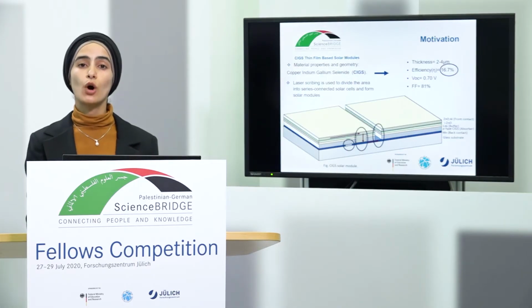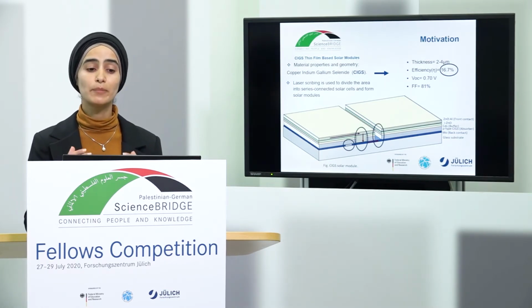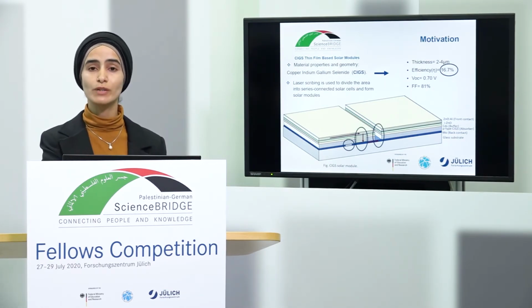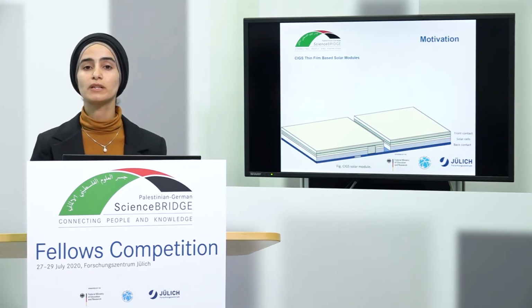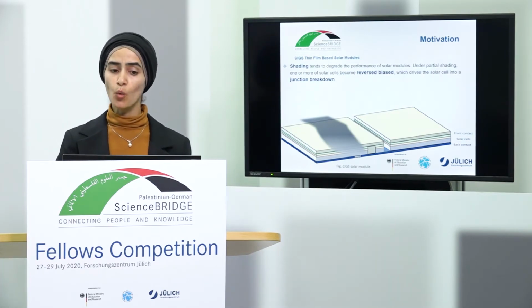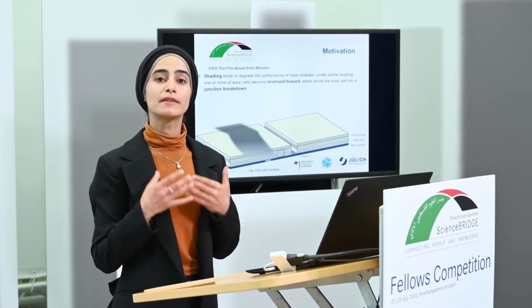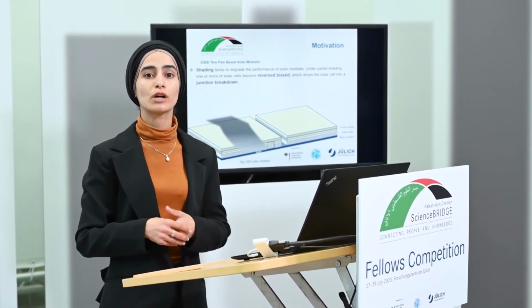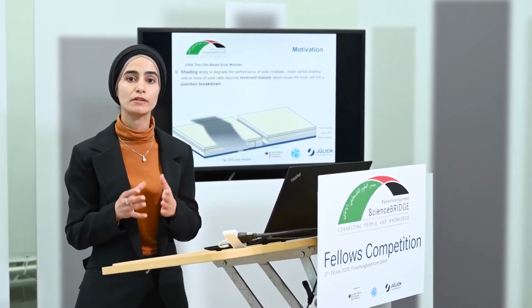But despite all these advantages of low thickness, high efficiency, and plenty of room for development, we still have some limitations to overcome, like the problem of shading. Under shading, one or more cells can be reverse biased, and by that, the solar module can be driven into a junction breakdown, and with time, this will degrade the performance of the solar module.